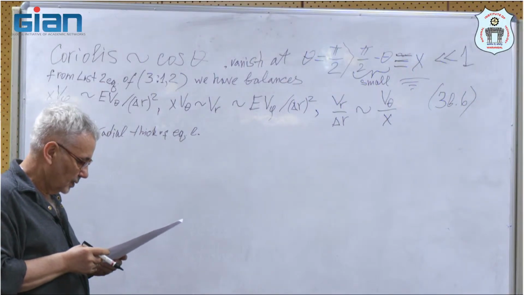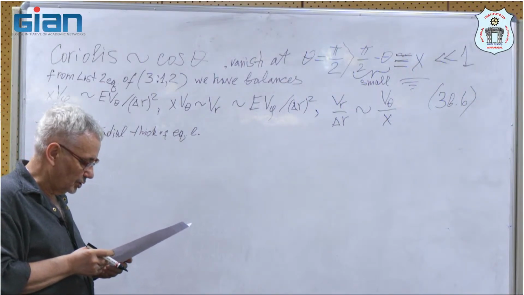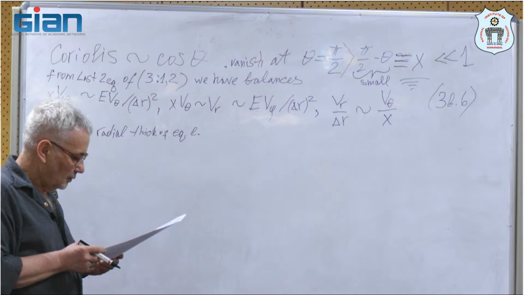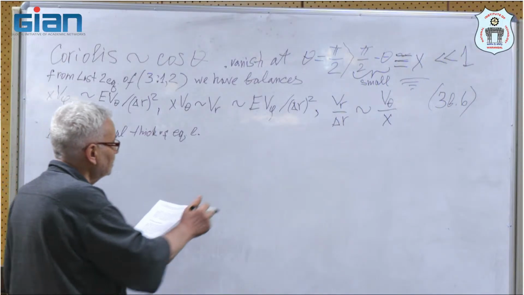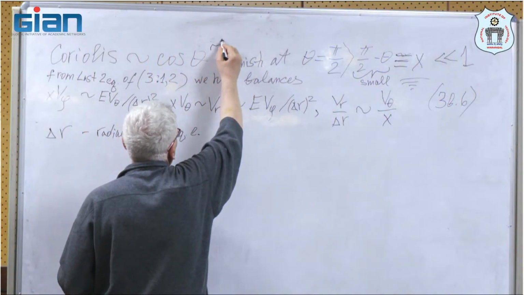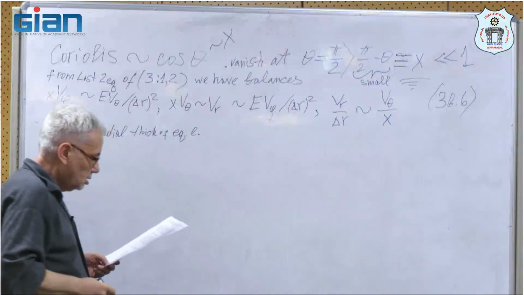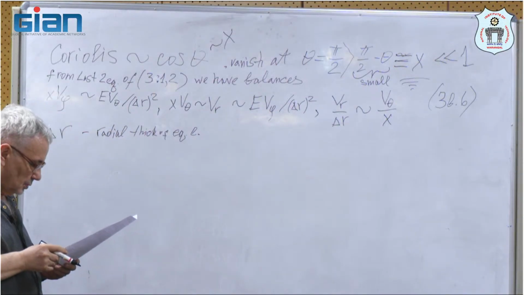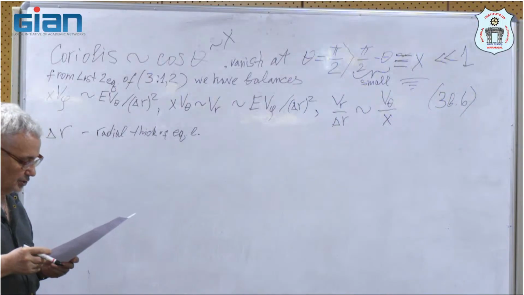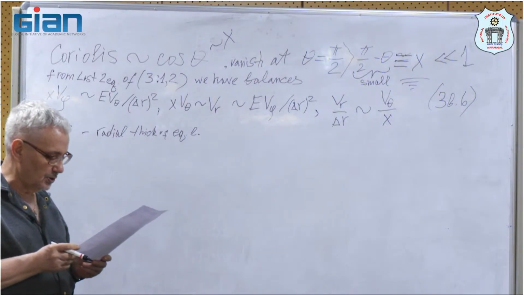And the first balance is obtained from the latitudinal equation 3.1 under the consideration that the decreasing Coriolis force remains compensated by the radial component of the viscosity. When Coriolis force is proportional to x, in other words proportional to theta, and when it vanishes at the equator in the left-hand side of the latitudinal equation, the latitudinal pressure gradient remains for the balance.